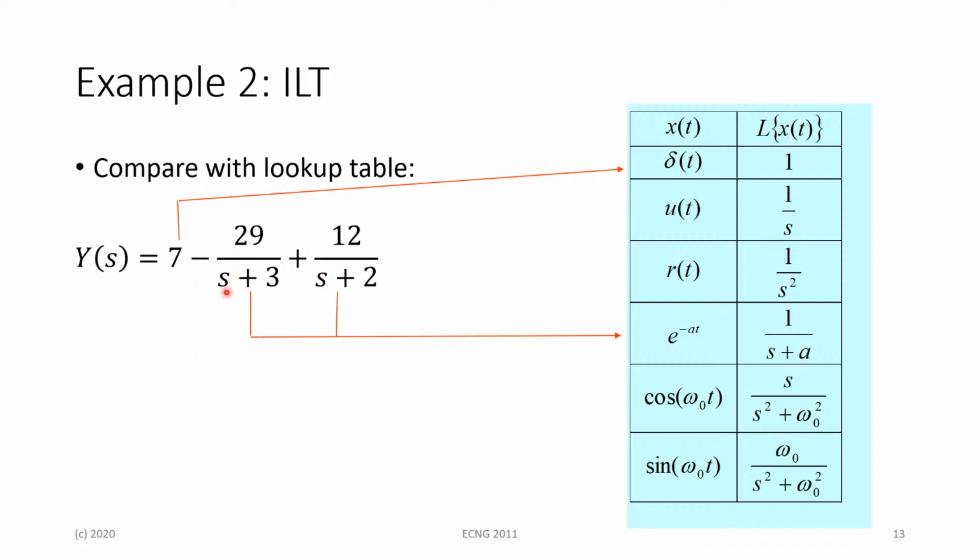And for all the other components, if it's a constant, you'll have this transfer into delta of t. In this case, because you have the s plus 3 and the s plus 2 roots on the denominators, this will transfer to e to the minus at, where the a will basically be this root factor for each one of these.